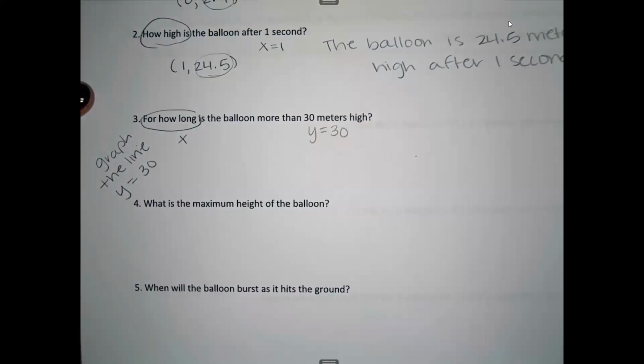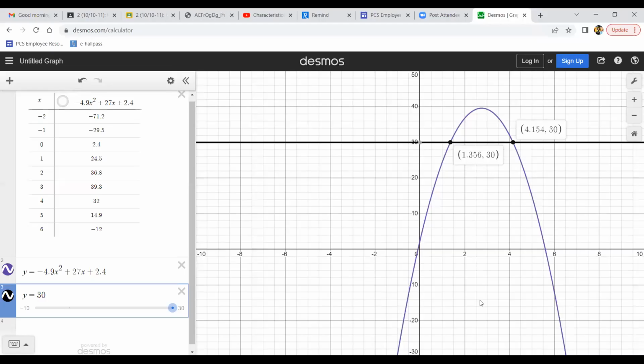Okay. Now we have two places where the balloon is exactly 30 meters high. I'm going to go ahead and write both of them down. 1.356 and 4.154. Now, the question said, how long is the balloon more than 30 meters high?